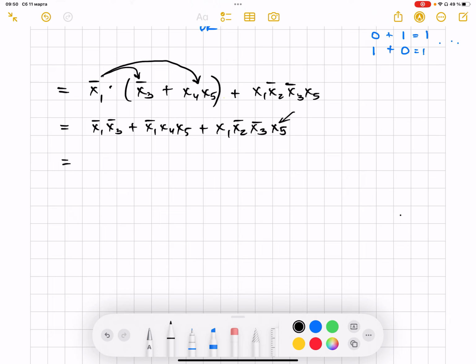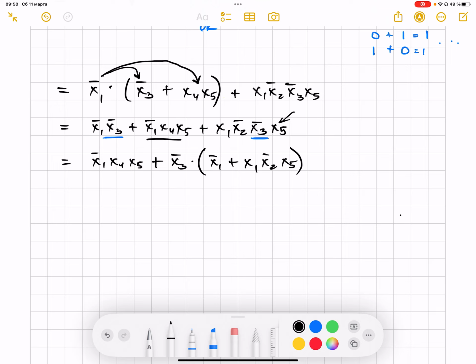So let's see that we have here x3 bar and here also x3 bar. Let's take this x3 bar out of the bracket. So what we have now, let's write first of all this one, x1 bar, x4, x5, plus, sorry, I forgot to write x3 bar, and x1 bar plus x1, x2 bar, x5.